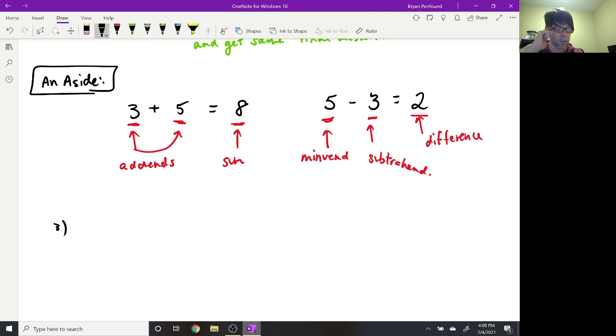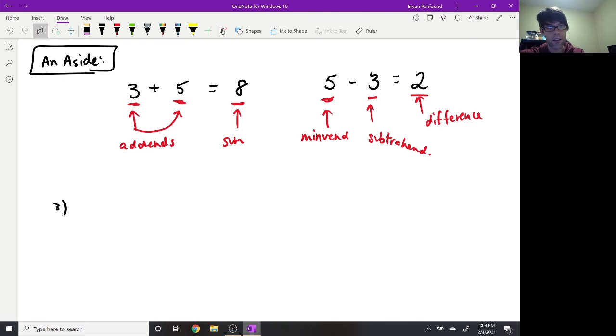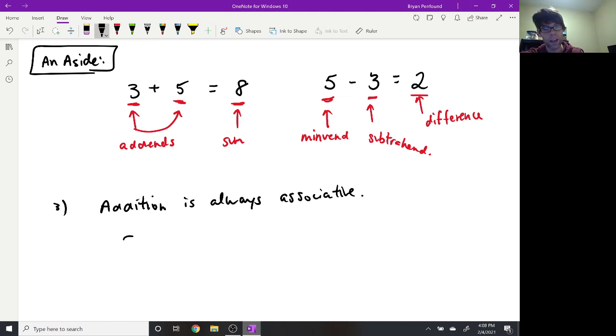Last, let's talk a little bit about associativity. So addition is nice. Addition is always associative. Okay, so our usual addition is super nice. If I take any three numbers, let's take 2, 3, and 7, and we start adding them together.